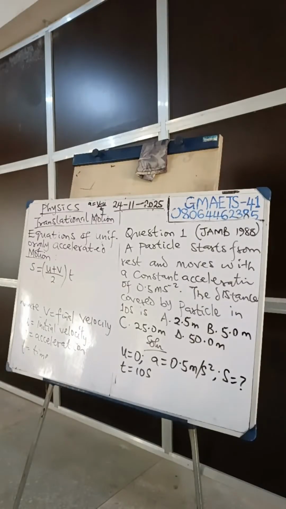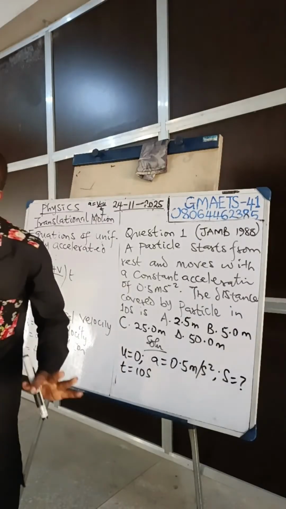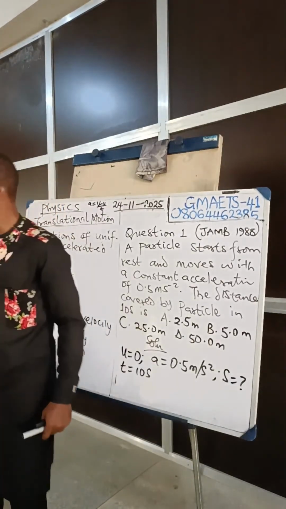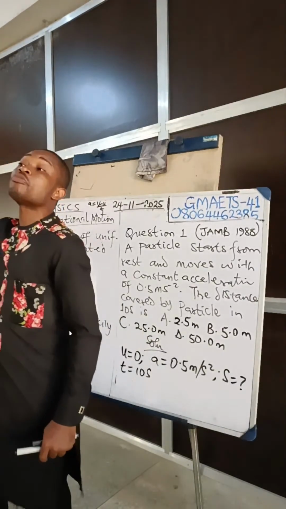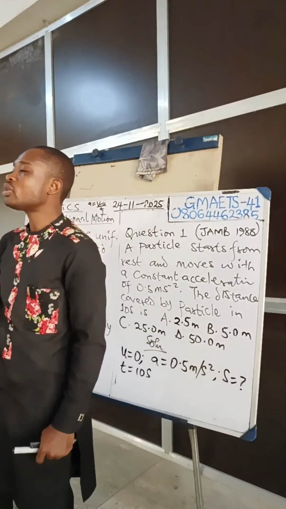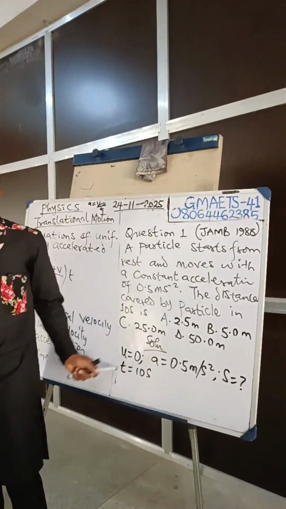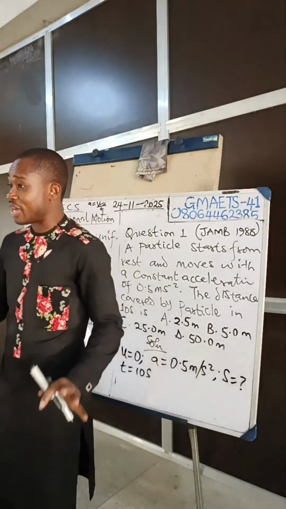Don't invent any equation. Read the question, identify the parameters given to you. Then think of the equations of motion. The equations of motion will be the last thing to think of, after you have read the question and brought out the data.